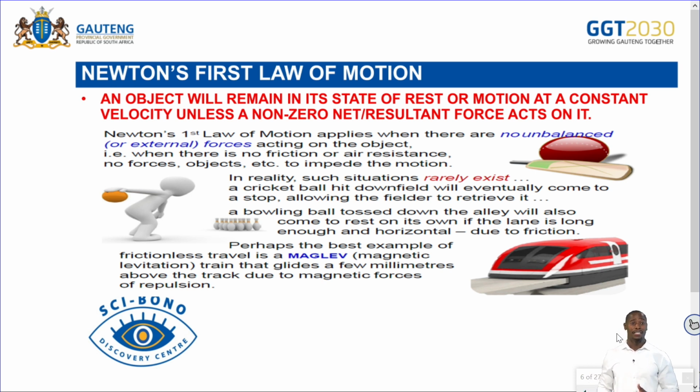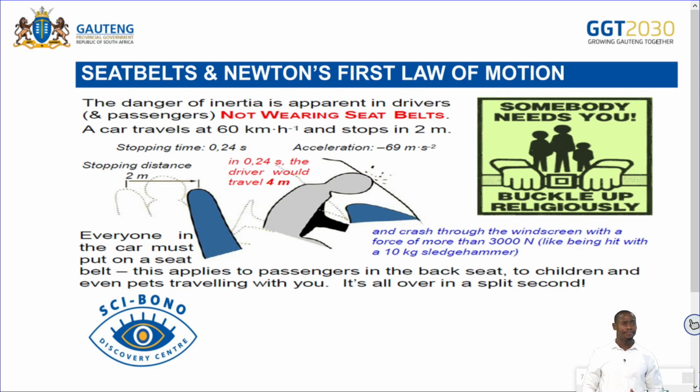It's when now it will change its state of motion. By now we know how to state Newton's first law. So according to Newton's first law, an object that is at rest will remain at rest. An object that is moving at a constant velocity will move at a constant velocity, unless a non-zero net force acts on it.